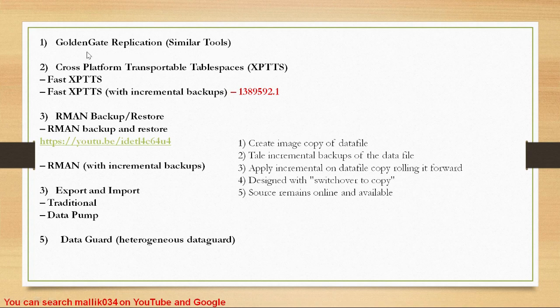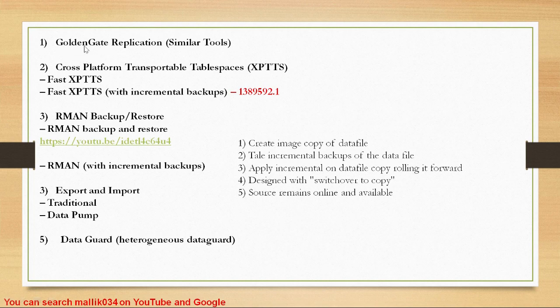First I will check with the customers if they have a Goldengate replication or not. If they have a Goldengate replication or similar tools, I always prefer to go with that approach, because this is a very smooth method, with no risk, and you can easily achieve the migration success rate.